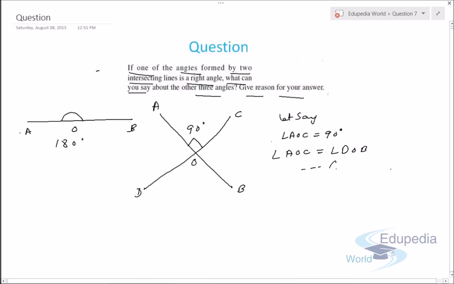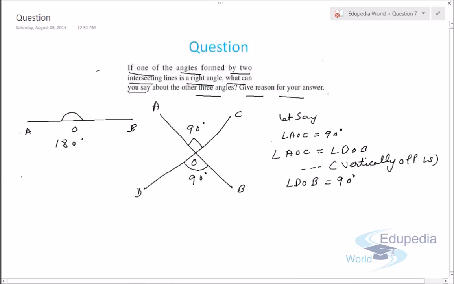Why? Because they are vertically opposite angles, right? So this means angle DOB is also 90 degrees.